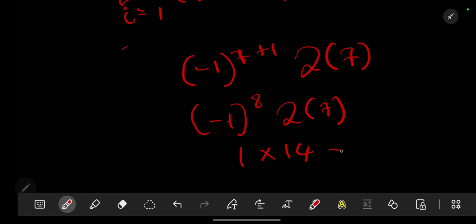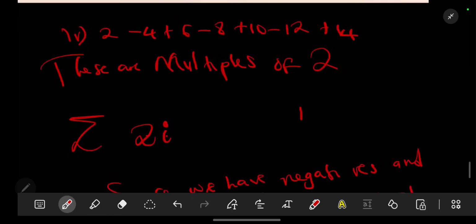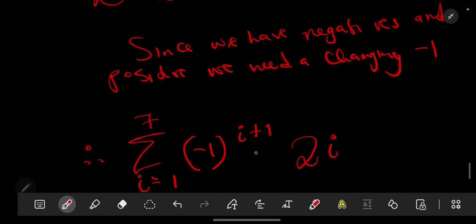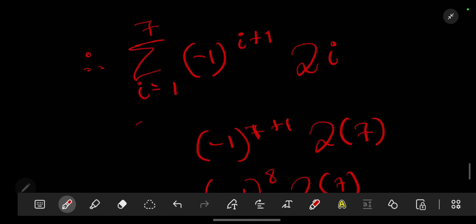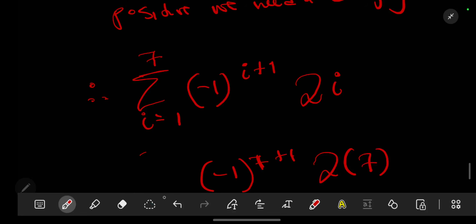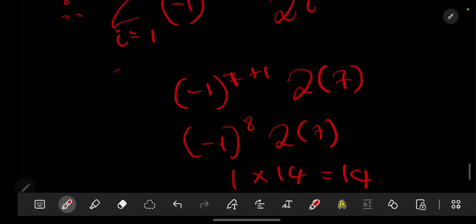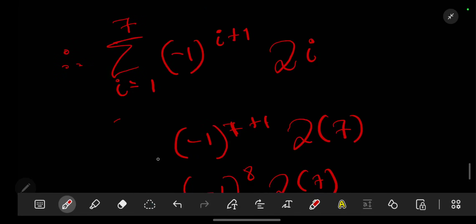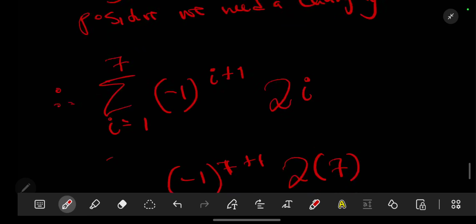We have +1, so that's how come we have 14. Sorry for that mistake. You are supposed to have i plus 1, then the -1 will be changing there. So know this form, it's very, very important. So this is the sigma notation, like that.